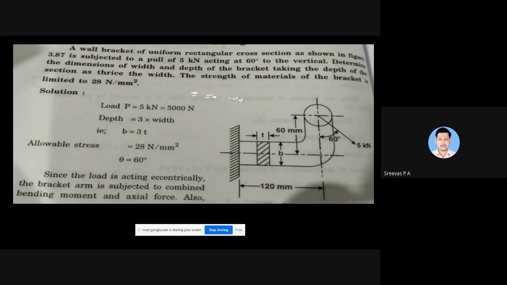How can we start it? We have to find out the dimensions. A load is acting at an angle of 60 degree to the vertical. So how can we approach?